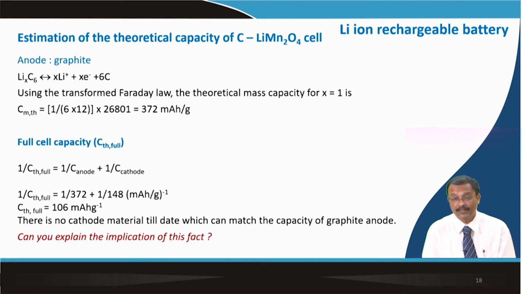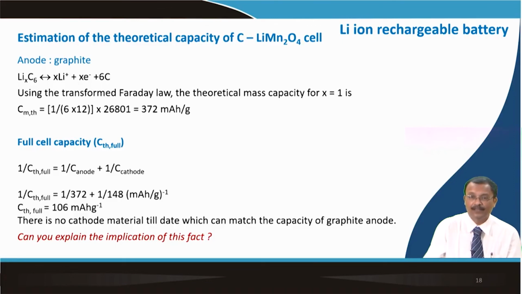You can see the graphite anode is 372, and for the cathode the half cell capacity is 148 milliampere hour per gram. Once you have a full cell constructed, the actual capacity is less than the individual capacity. So, I am leaving it to you to explain the implication of this fact. Okay, we will discuss that as part of an assignment problem later.